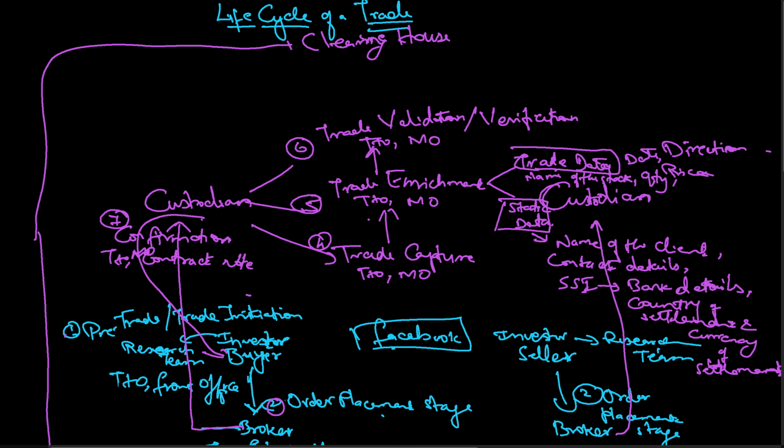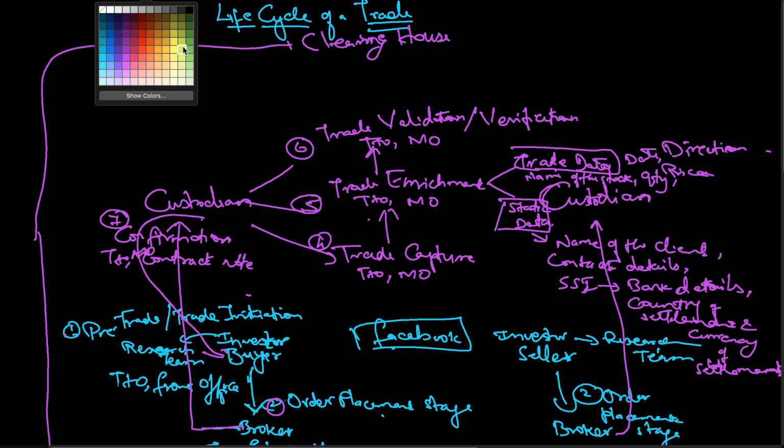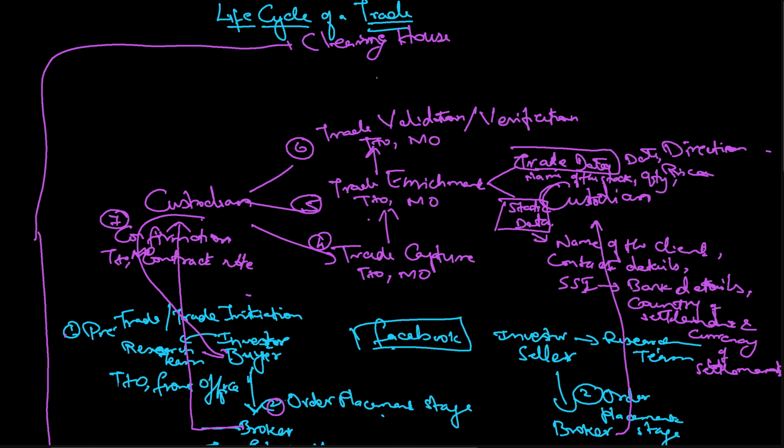Clearing refers to finding net obligations for the counterparties involved in the trade. Finding net obligation means who owes how much. In this case, this buyer, what is he supposed to get and what is he supposed to pay, and this seller, what is he supposed to get and what is he supposed to pay.